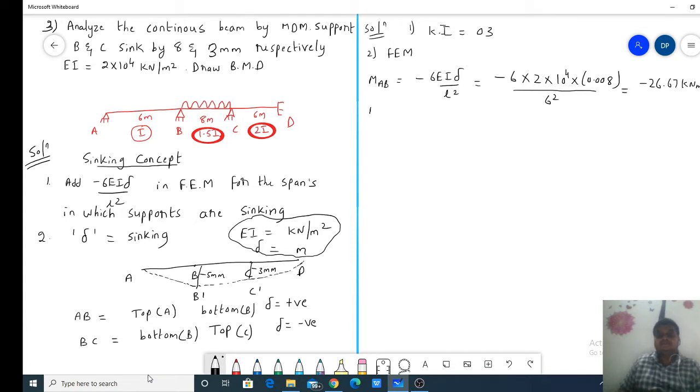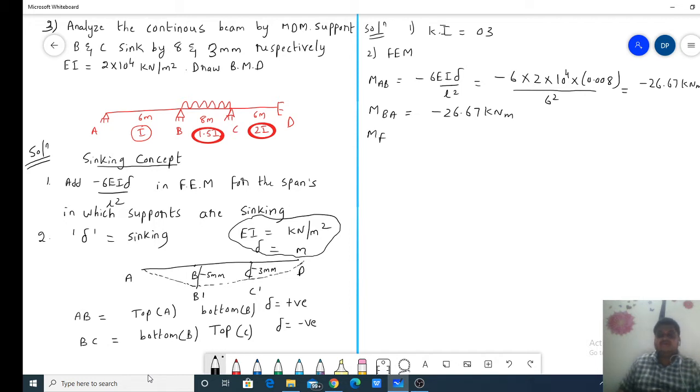Now for BA also it will be the same. Once you have fixed the sign for AB, the same formula applies, so directly I will write minus 26.67 kilonewton meter. But if there is a loading case, then the formula will change with respect to loading, and the minus 6 EI delta upon L square will be added.